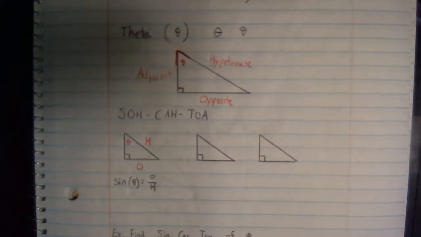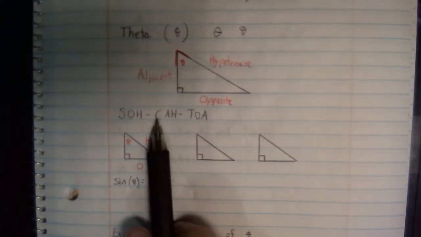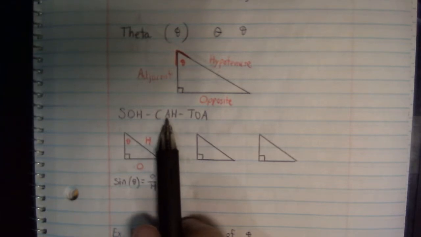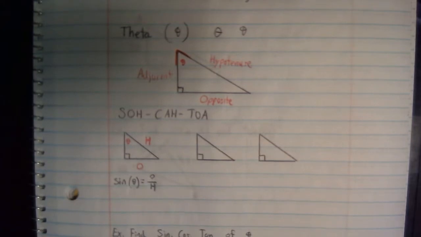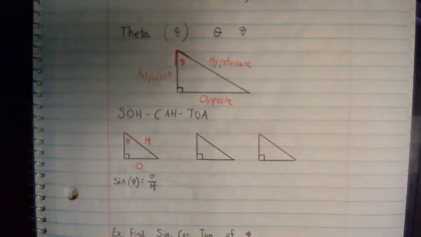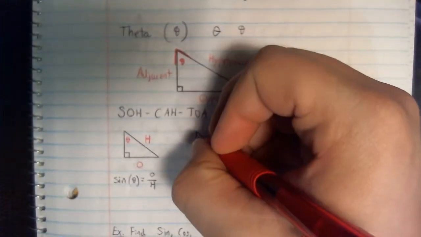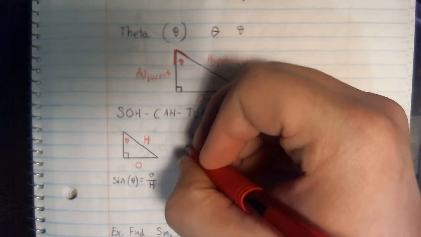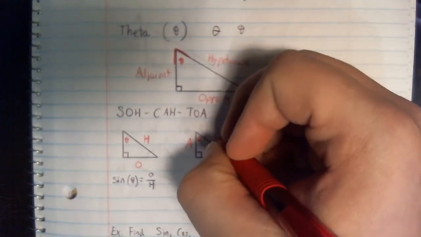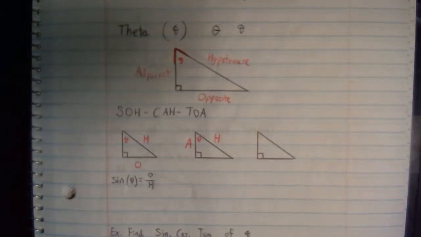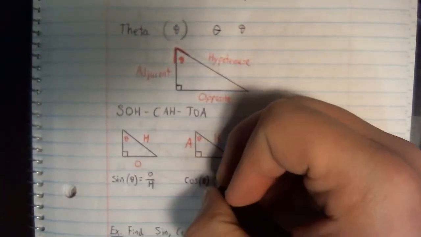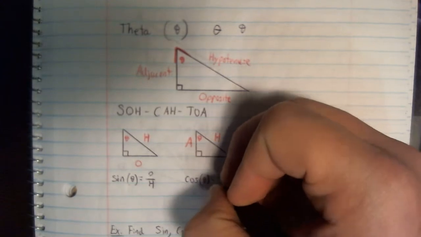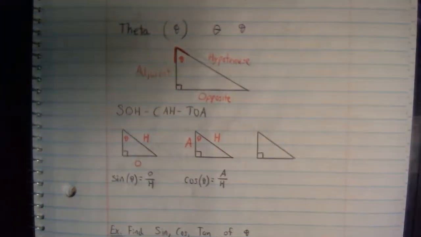The second option from theta is cosine. Cosine is adjacent over hypotenuse, or the adjacent value over the hypotenuse value. And again, from theta, we're talking about the adjacent side and the hypotenuse, and we can again rewrite this as cosine of theta equals adjacent over hypotenuse.